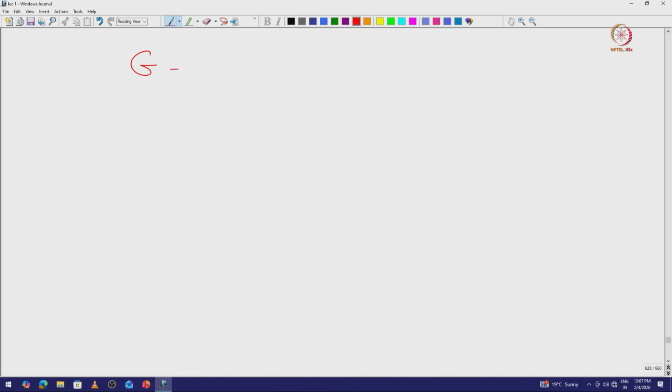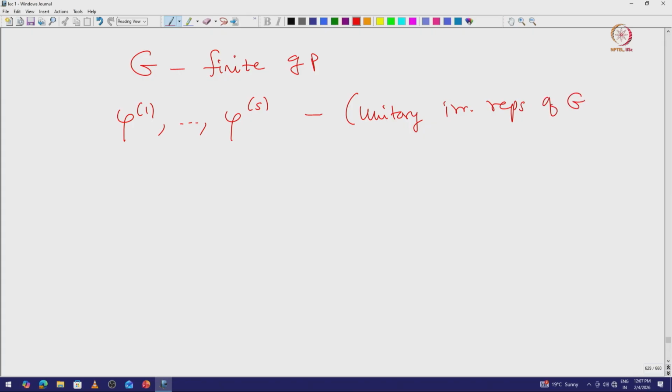So, let us take G to be a finite group, and then let us fix this phi 1 etc. phi s to be the set of unitary representatives of the equivalence classes of irreducible representations of G. So, we assume it to be unitary irreducible representations of G. Okay.